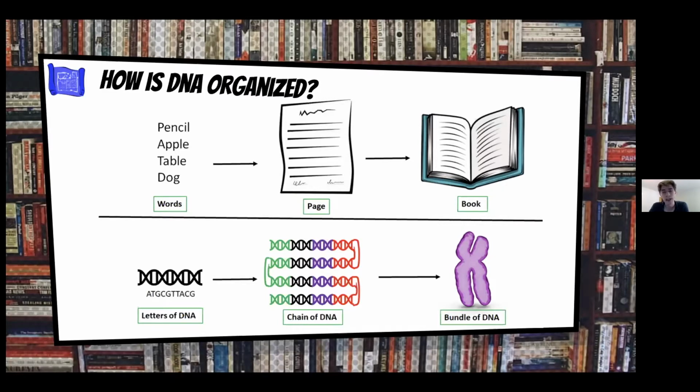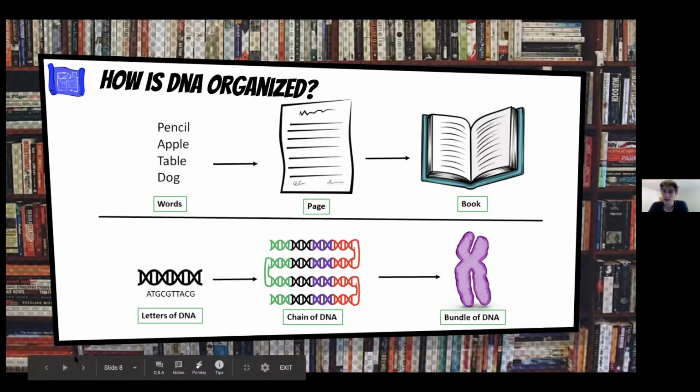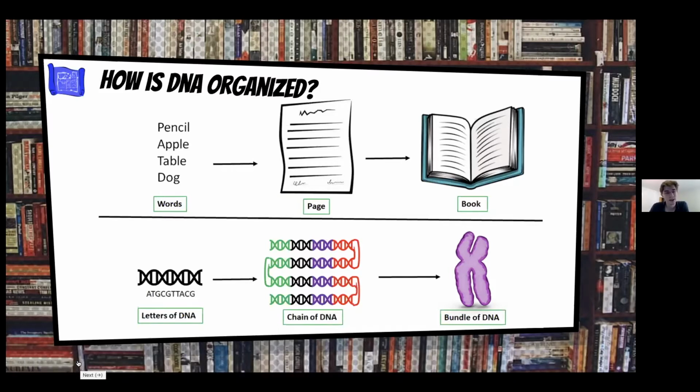And a book can contain massive amounts of information that we can read and use to understand a set of instructions. In a very similar way, a cell uses those 4 letters in its DNA to form something like a word. And you can begin to put those together to form chains of DNA. These chains of DNA contain information, much like a page contains.